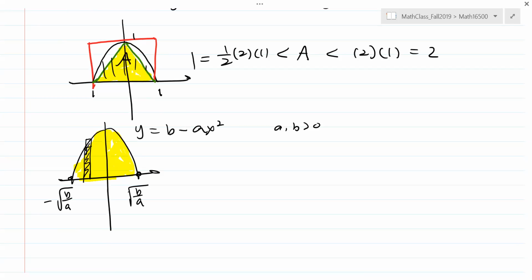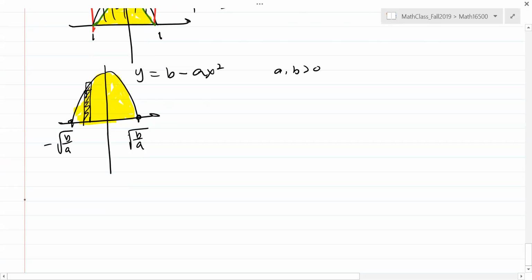Yeah, one more problem. The next problem is find the area under the region y equals x cubed, where x is between 0 and 1.